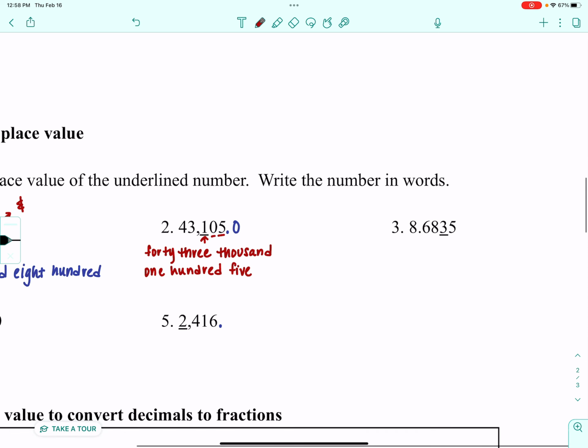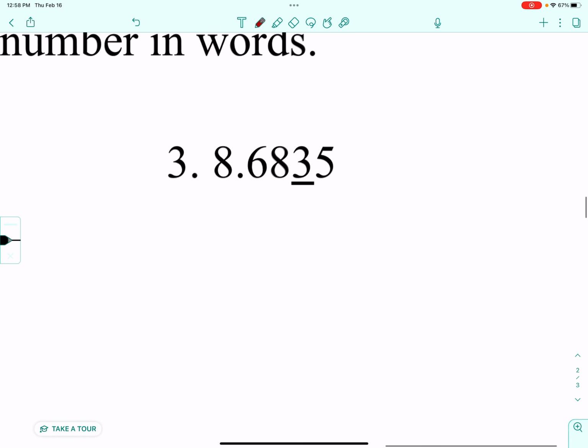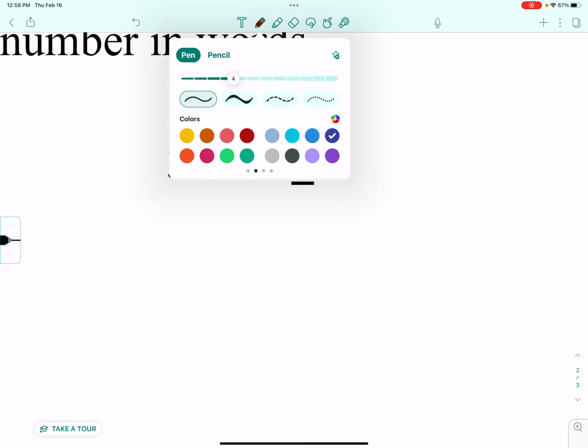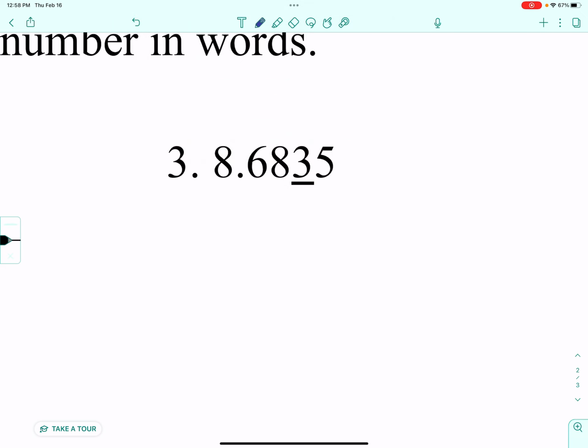I'm going to come over here to number 3. Get one that's a little bit different. This time we are moving to the right of the decimal. 1, 2, 3 places.